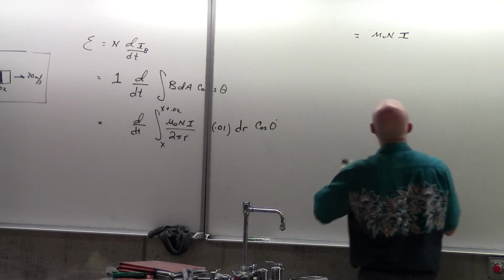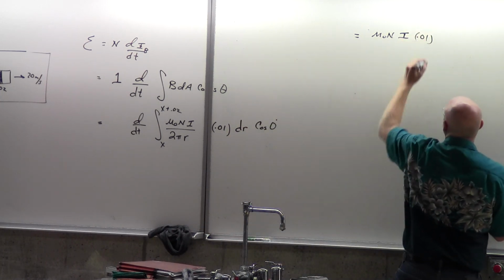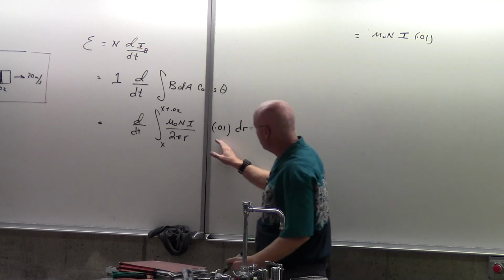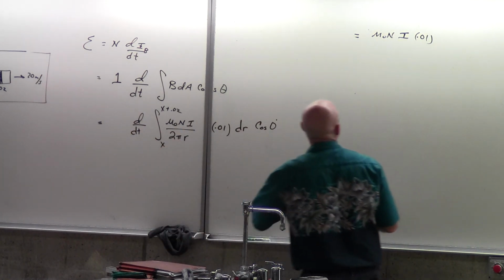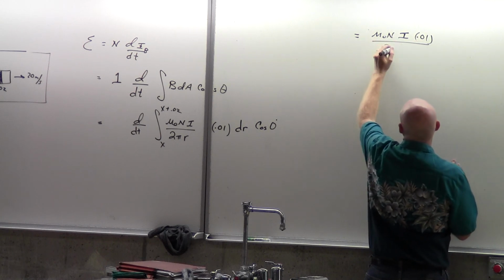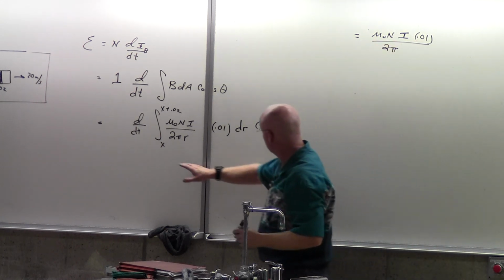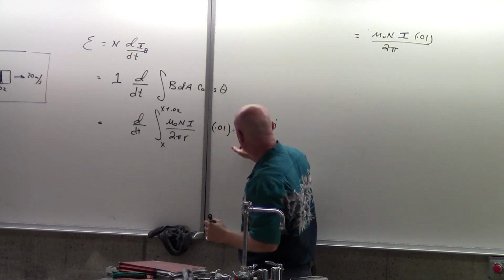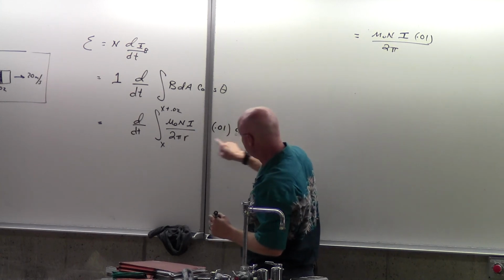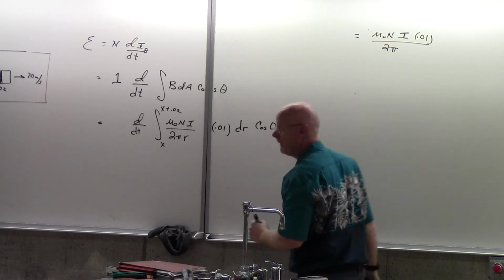The height of the rectangle, 0.01, also doesn't change with time, so I can pull it all the way out. And then I also have downstairs the 2 pi, and so it looks like the only thing I'm left with is the integral of dr over r.